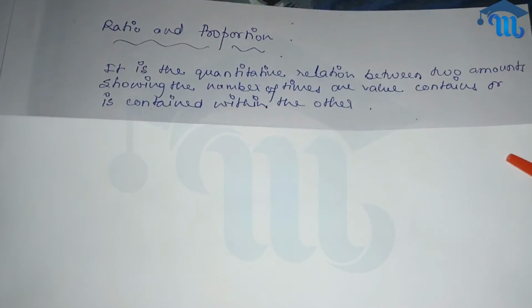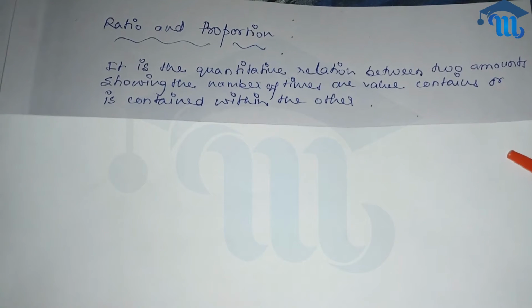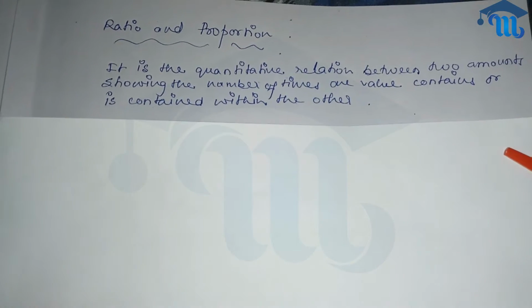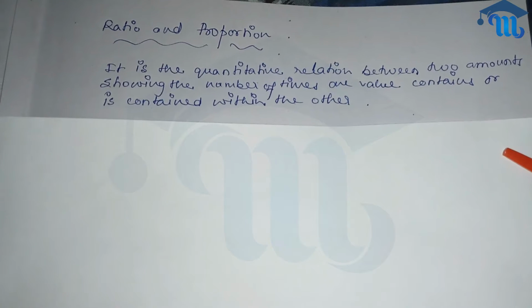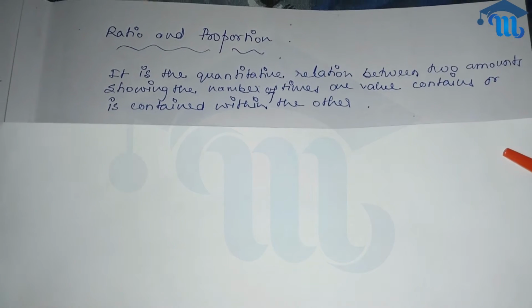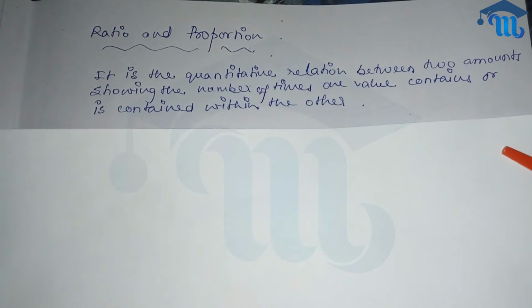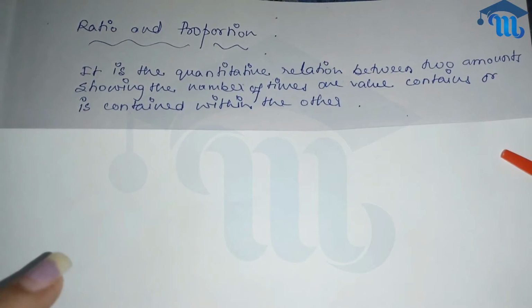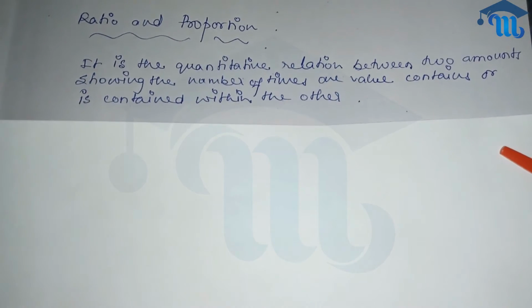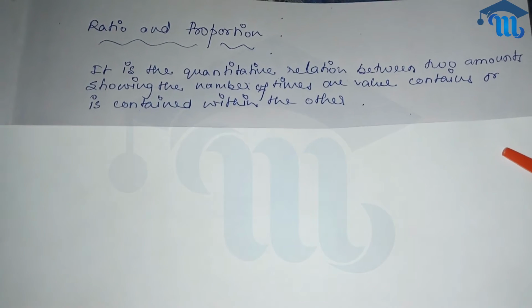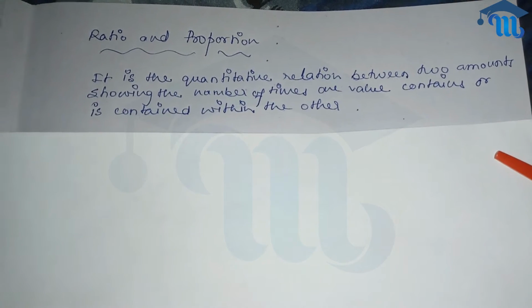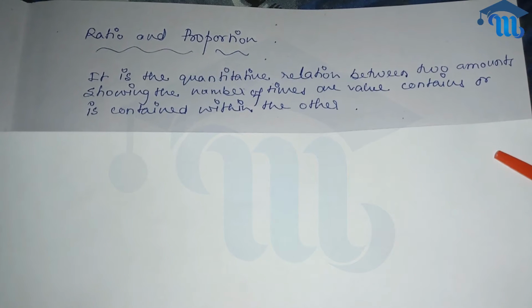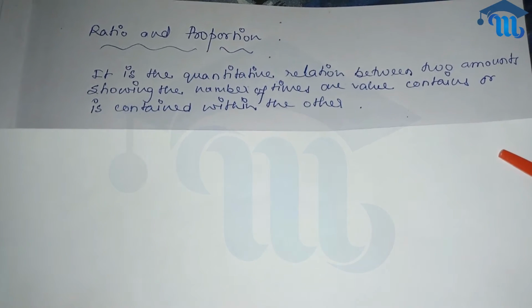This means that suppose there is a mixture of two quantities. Now, how do you understand how much quantity of one particular thing there is? Suppose the mixture is of orange juice and water. How will you understand how much orange juice and how much water is there in the mixture?